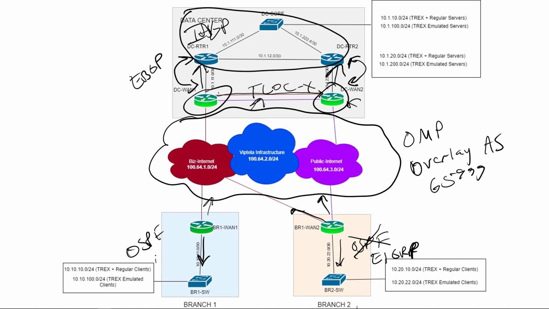This is OSPF area 0. And the reason we could do area 0 everywhere, we could do area 0 here too, actually, is because we are redistributing to OMP. So we're not having to do OSPF area 0 and having any weird things like discontiguous backbones.